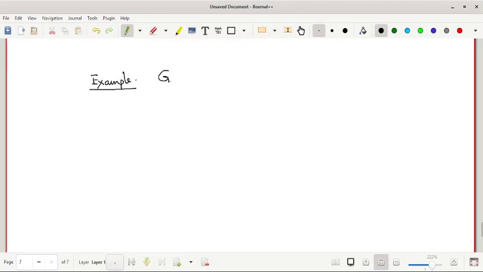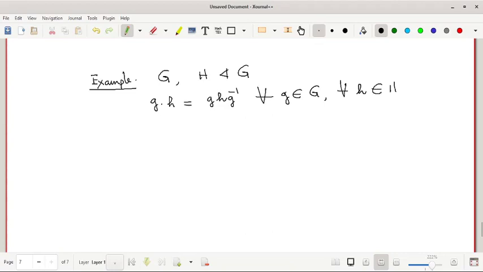You have a group G and a normal subgroup H of G. The action is defined like this: g dot h is equal to g h g inverse for all g in G and h in H. Is it faithful?